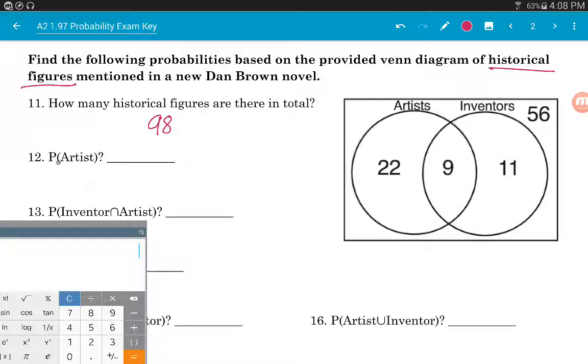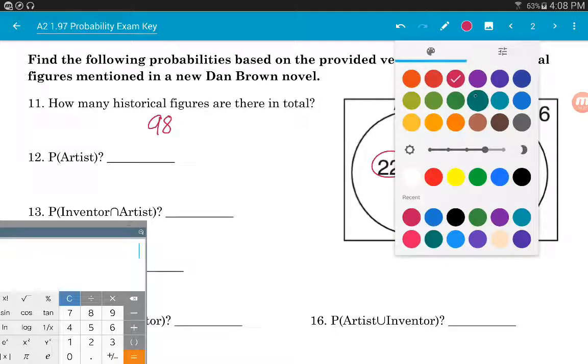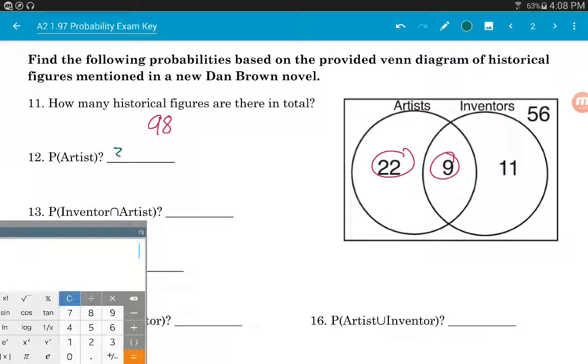Now what's the probability of me picking somebody and them being an artist? Well, there are 22 and 9. These are both artists. So if I add those up, I'm going to get 31 out of 98. And that's going to equal 0.32.